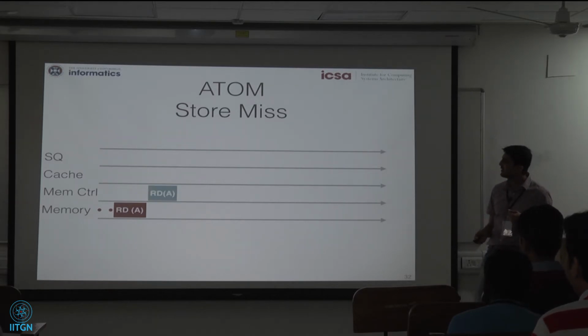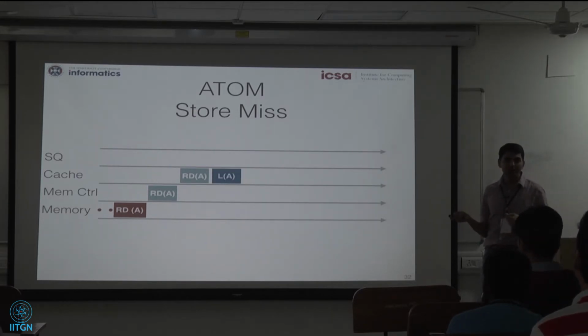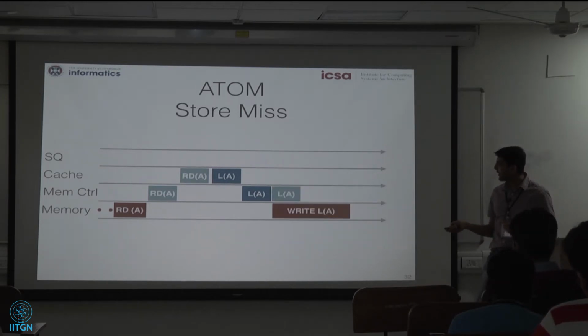When the read request completes, the memory controller will send the value back to the cache. The cache will then issue a log write, because this is part of an atomically durable update, which will again go to the memory controller containing the same value that it read previously. The memory controller issues a posted log write, and then completes the store request.